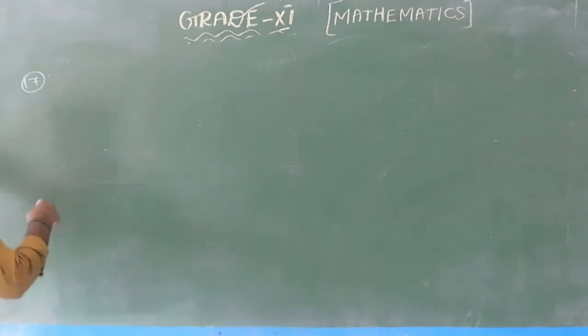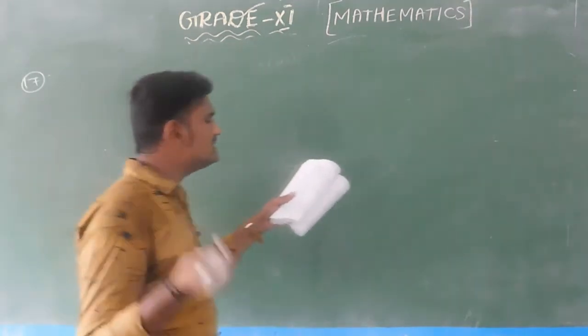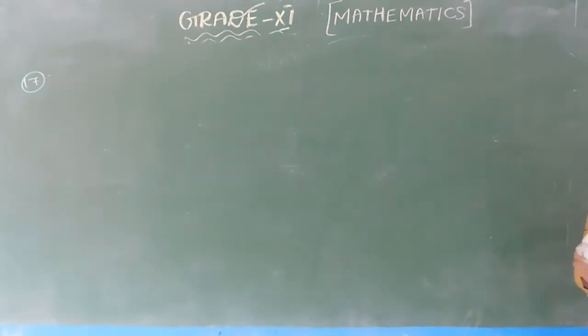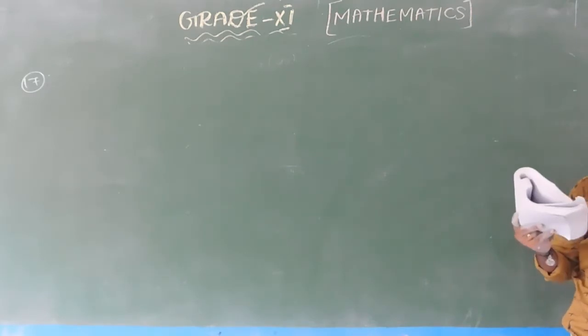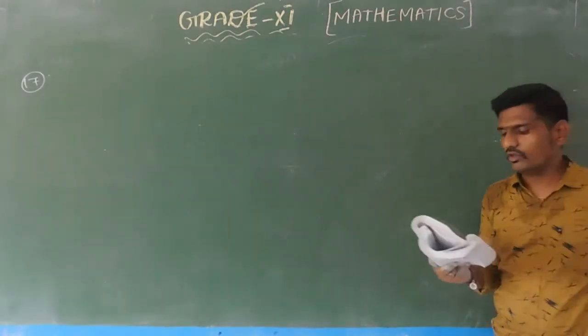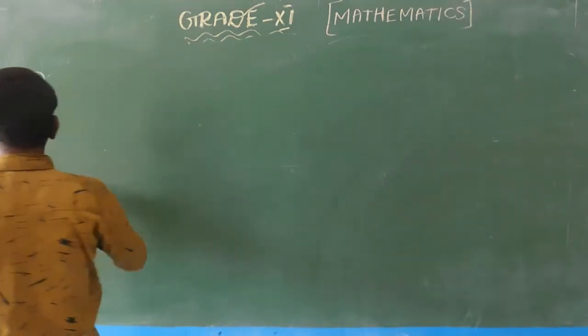17. The fourth, 10th and 16th term of a GP are x, y, z respectively. Prove that x, y, z are in GP. So what is given here?